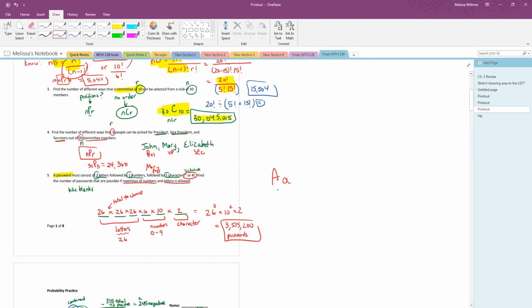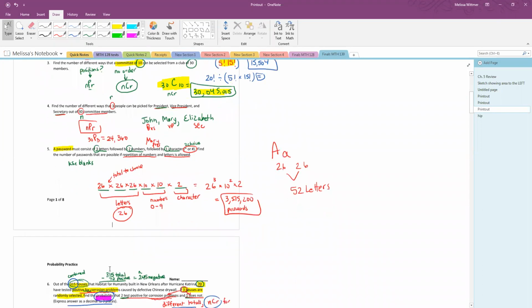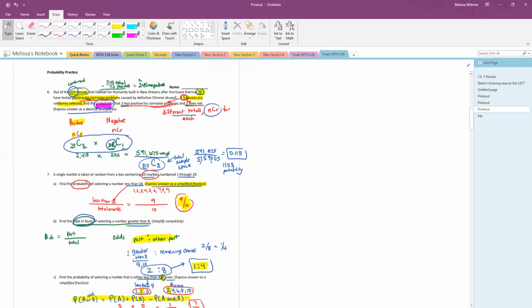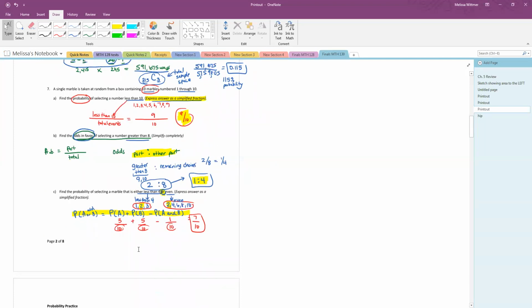So that would be 26 capital letters and 26 lowercase letters, which would give you a total of 52 letters. In these password questions, if they don't indicate that capital letters and lowercase letters are counted separately, then it would just be 26 letters, not choosing capital or lowercase. So it's more common here to just see when they say letters, you just assume 26. Okay. Good questions. Thank you.